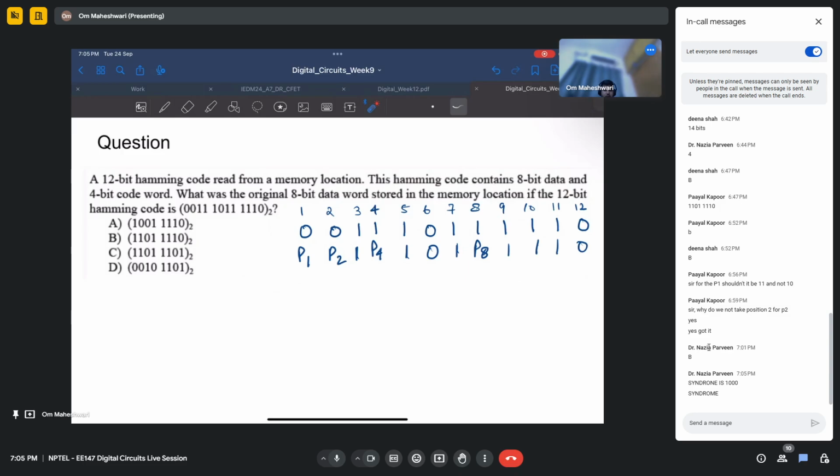So we have to check first what the error bit is. Can anyone, maybe you can try it out again for 1 minute, keeping in mind that you have to check for error.